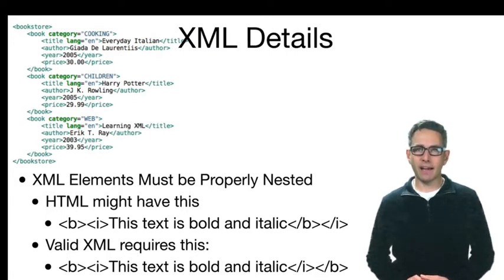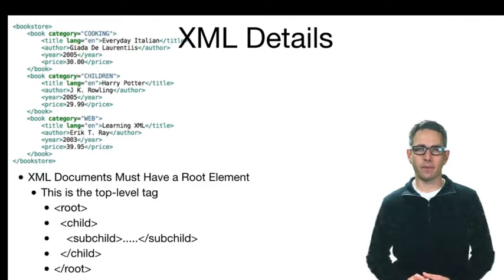Now the reason why that's not valid XML is because the I tag has to be closed before the B tag is closed. So the second example shows how that example can be transformed into valid XML. The italic tag has to be closed first because it's nested within the B tag. And that nesting property is what gives the overall XML document its tree-like representation.